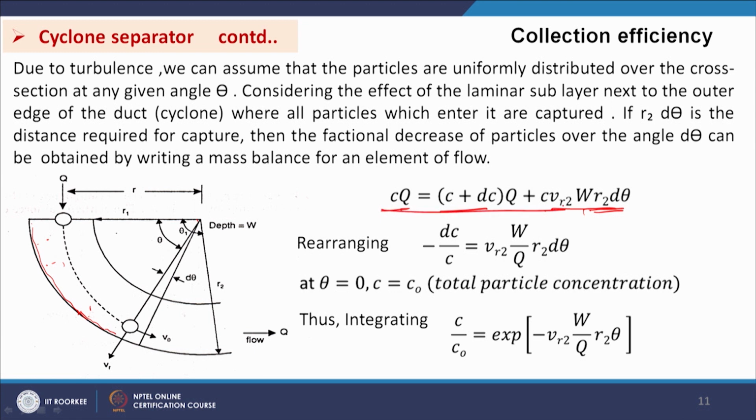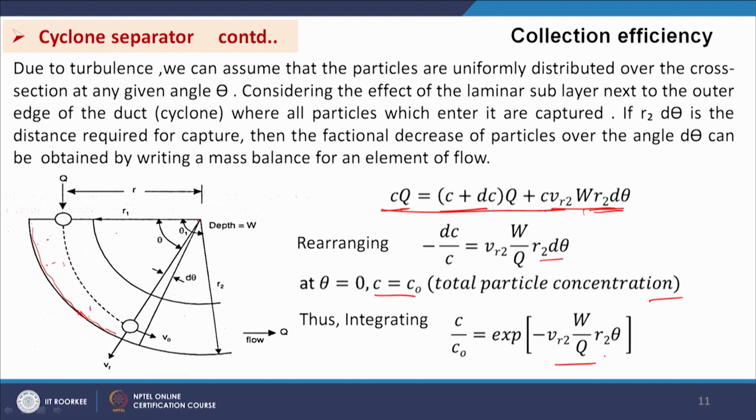So, by rearranging we can get d C by C equal to V r 2 into W by Q into r 2 d theta, and theta is equal to 0. When theta is equal to 0, C is equal to C 0, that is total particles concentration. At that time just what particles are getting entry into the separator, no decrease. So, thus integrating we can get C by C 0 equal to exponential minus V r 2 W by Q and r 2 theta.